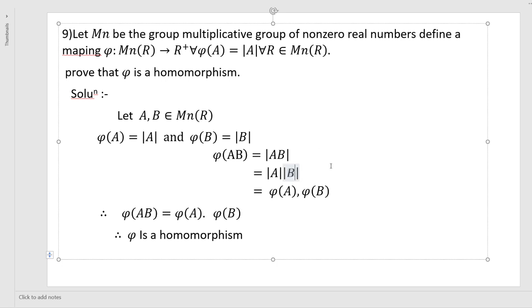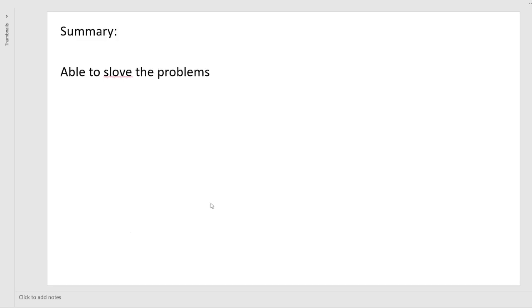And this can be written as psi of a into psi of b. This is not a comma, this is a product. So therefore, psi of ab is equal to psi of a into psi of b. Therefore, psi is a homomorphism.